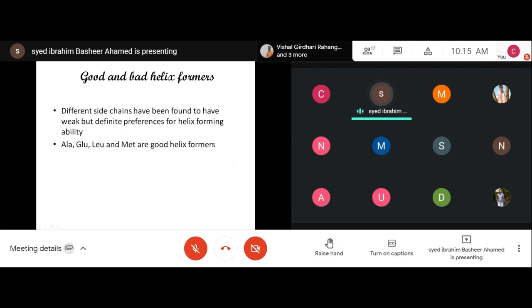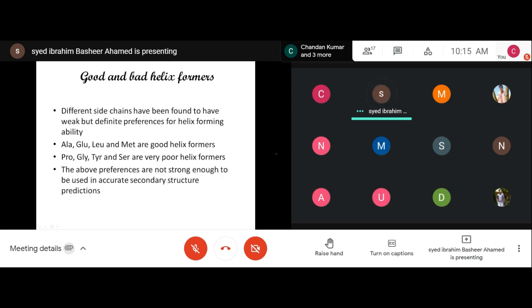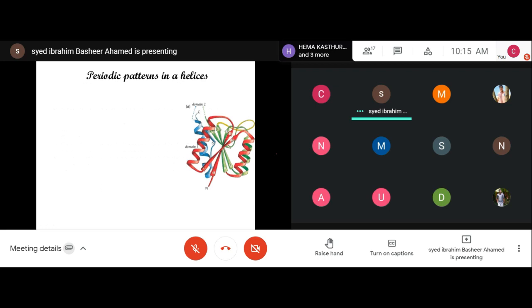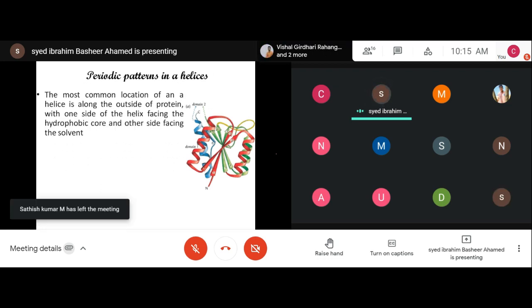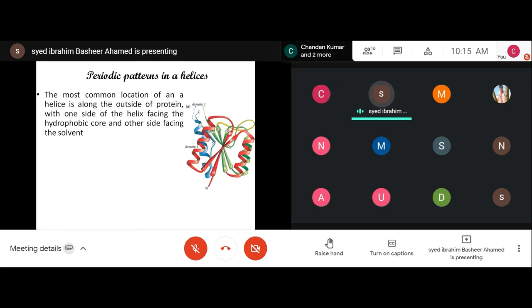So alanine, glutamine, leucine, methionine are good helix formers. Proline, glycine, tyrosine, serine are very poor helix formers. And you can see periodic patterns in alpha helix. The most common location of a helix is along the outside of the protein.